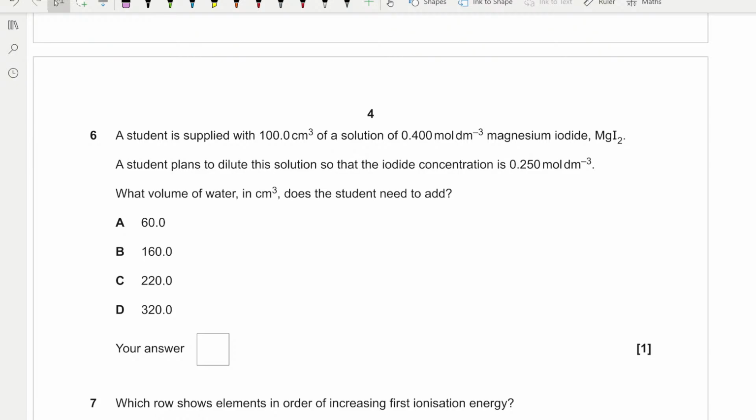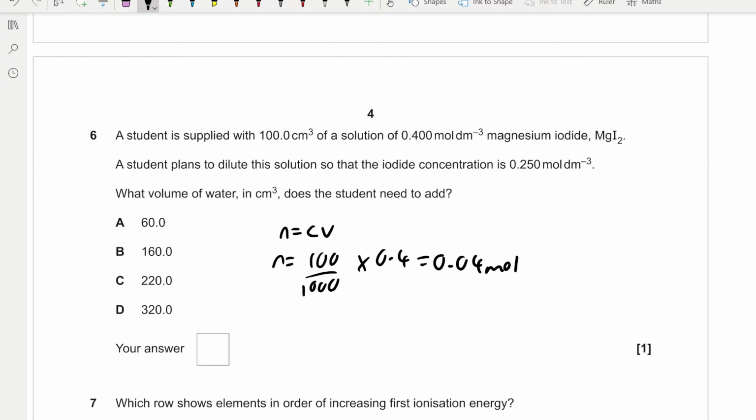So the first thing we need to do is work out how many moles of magnesium iodide we've got, which we can work out by multiplying the concentration by the volume. So that's 100 over 1000, because we need to convert to dm cubed, times 0.4 mol per dm cubed, which gives us, when we type it into the calculator, 0.04 mol.